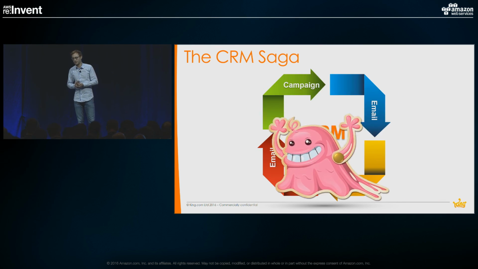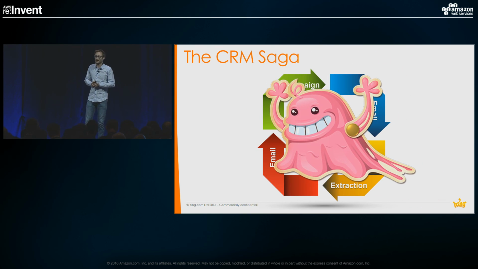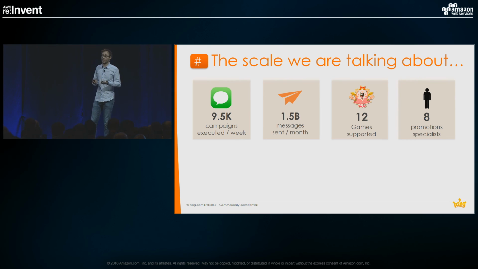The Candy Crush bubblegum troll really didn't like this because it sometimes took up to a week for this process to finish. So it wasn't feasible for us to continue that, especially given the scale we're operating at today. Let me give a little background on where we're at the moment.